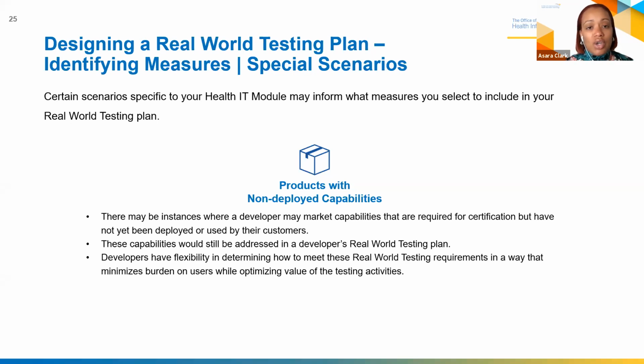Essentially, if it's included within the scope of certification, it's going to be represented on CHPL as part of a certified health IT module, and you still have to account for those capabilities. You want to just leverage your flexibility here. Work with your customers. You have full flexibility to work with your customers or your potential customers. You may have prospective customers out there that you can help understand the value of real-world testing, and how this truly helps you provide transparency into the capabilities of your certified health IT modules.